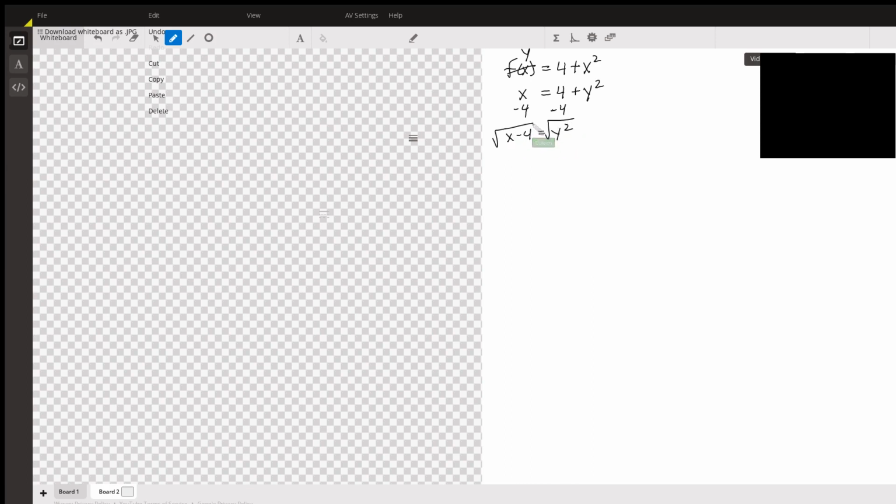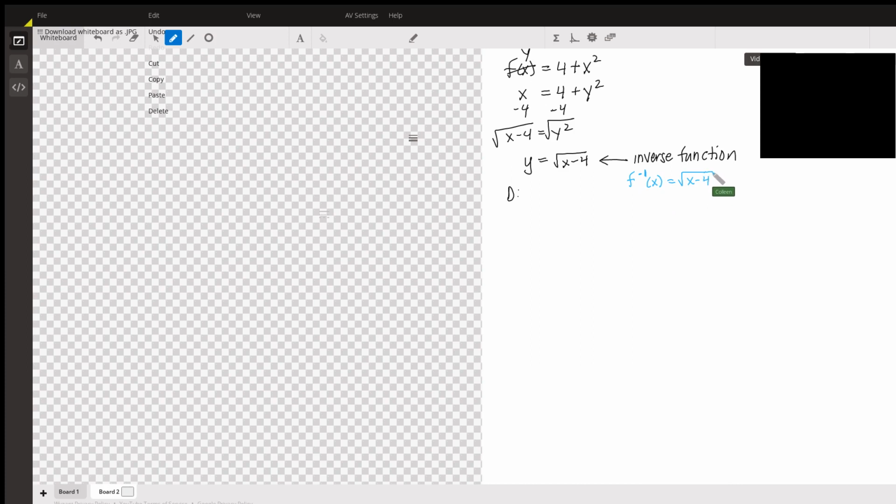All right, so I'm going to flip sides here. y is going to equal the square root of x minus 4. Okay, so for this guy, we're going to look at the domain. So this is the inverse function. And then another way you can write this in the fancy way is with a little -1 there.